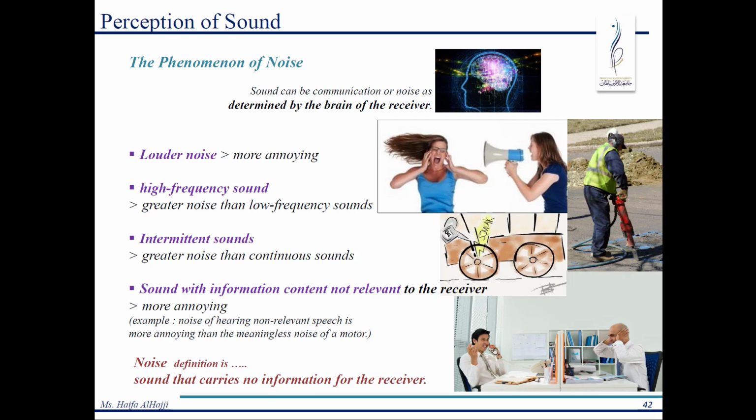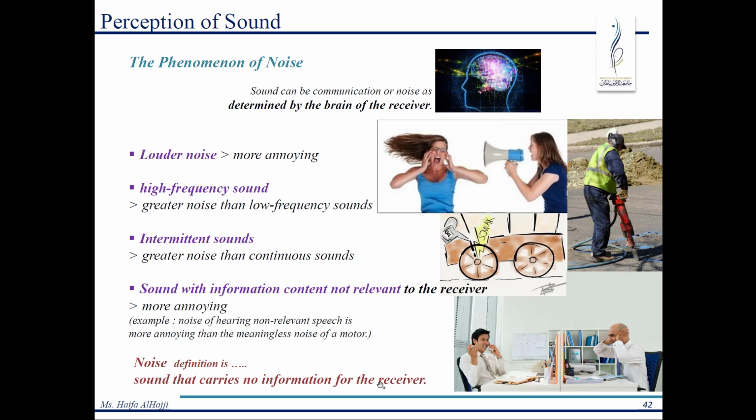So the important speech for the person on the phone is actually noise for this person. Noise is a sound that you don't want. You have no needed information inside it. So as we can see here, we have a definition for noise: sound that carries no information for the receiver. If you don't want to hear that sound, then you are considering it as noise.